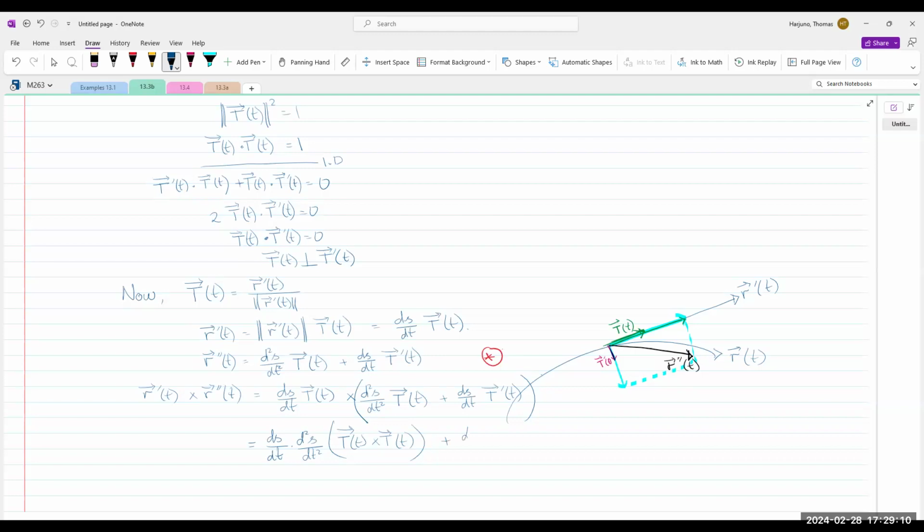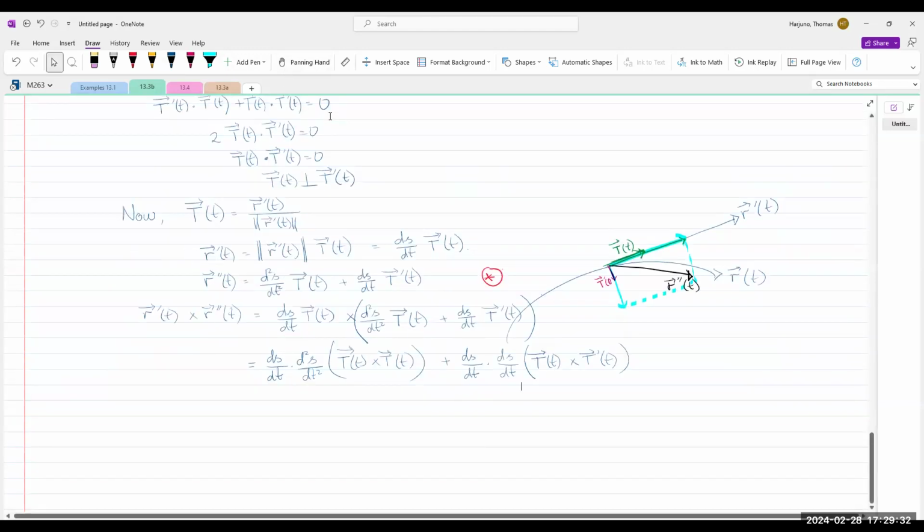Plus ds/dt times ds/dt, the unit tangent vector cross the derivative of the unit tangent vector. Oh shoot, this is painful, huh? Now the thing is, this guy is equal to 0. This is equal to vector 0. Why? Because the cross product of two parallel vectors is 0.